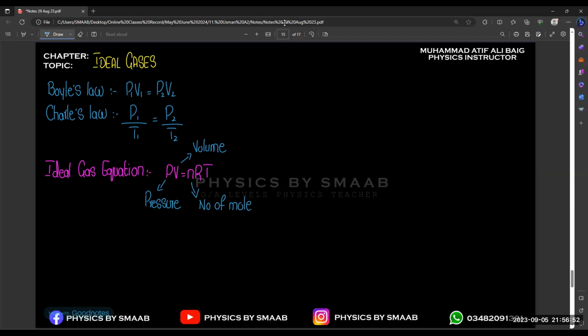What about R? This is the universal gas constant value. And T is temperature. So this is the ideal gas equation that helps us to solve numericals in our syllabus.